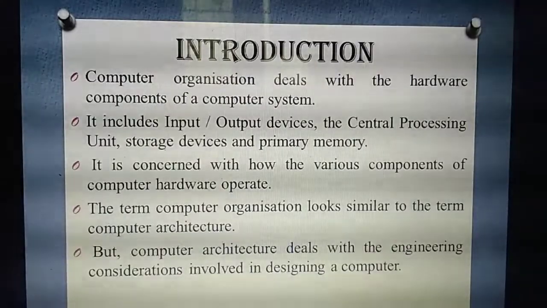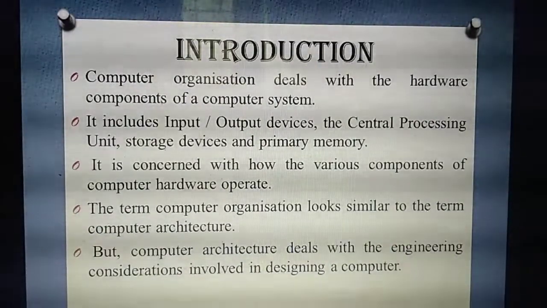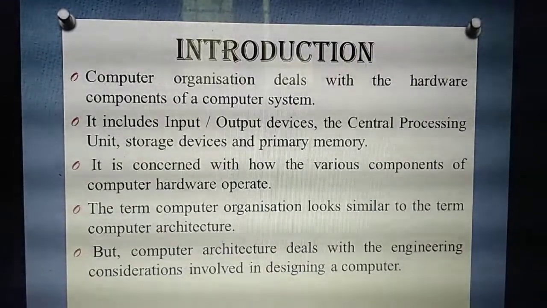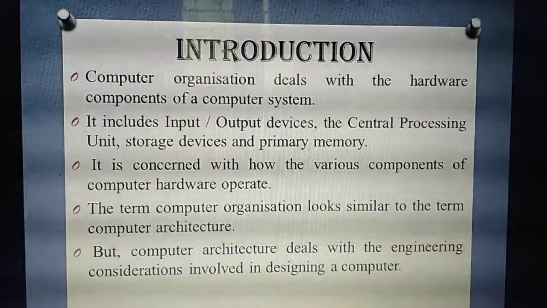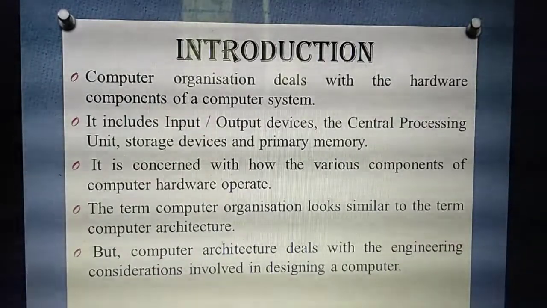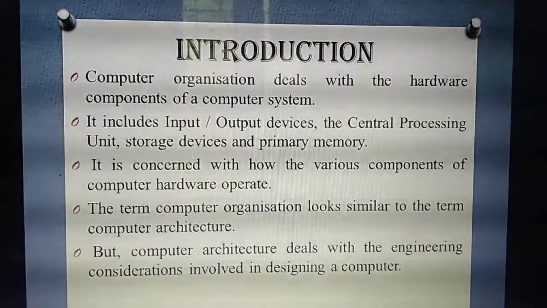Understand? So computer organization is related to computer architecture. What do you mean by architecture? For example, before we build a house, what will they do? Without a plan, would they build any house?